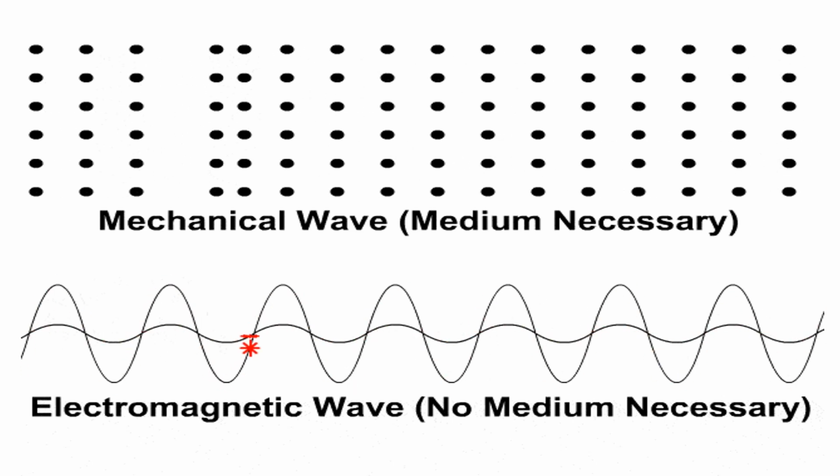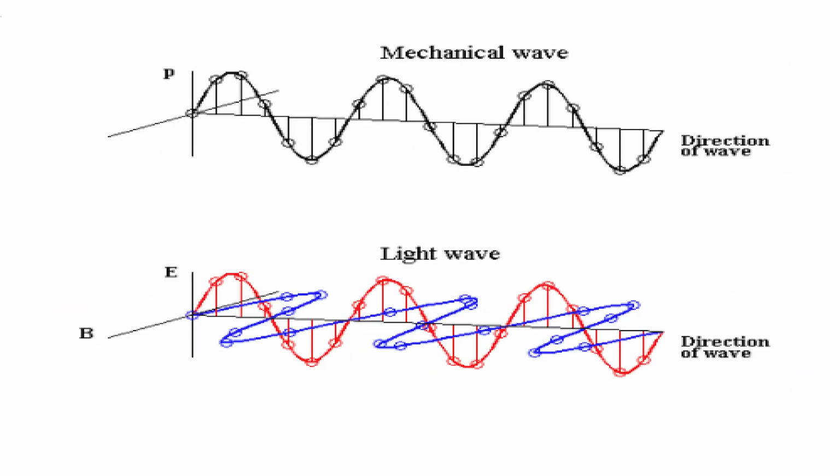Here the above portion is the mechanical wave, where a medium is necessary. In the bottom part we can see the electromagnetic wave. Light is an electromagnetic wave, there is no need of a medium, whereas sound is a mechanical wave, so definitely a medium should be there, then only we can receive the sound.